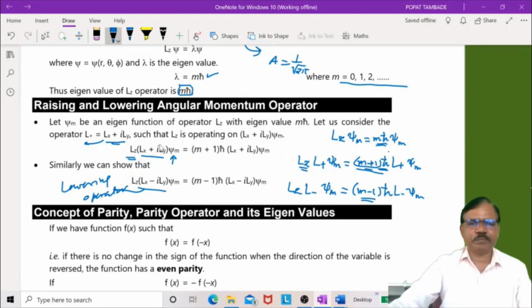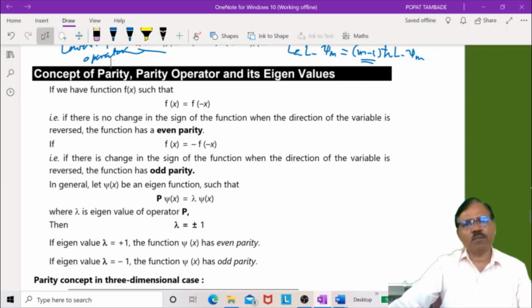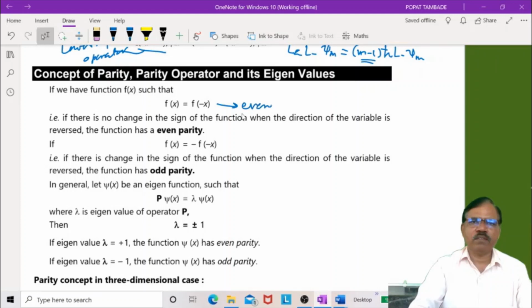Now another operator is the parity operator. What is parity? Suppose we have function f of x, and if we replace x by minus x, then the sign of the function may change or may not change. If f of x is equal to f of minus x, then we say that this function has even parity.